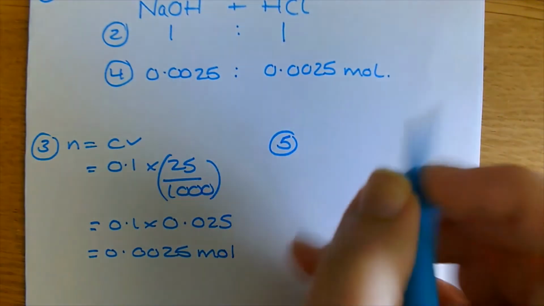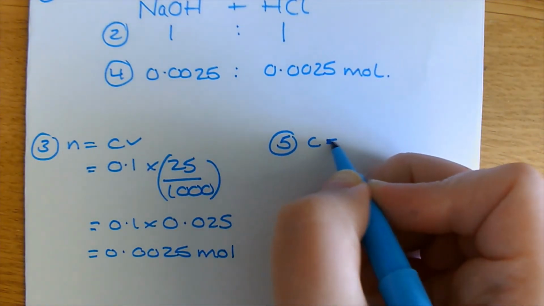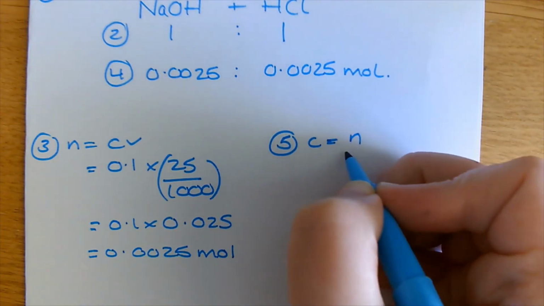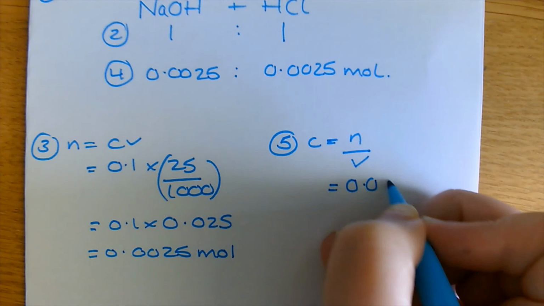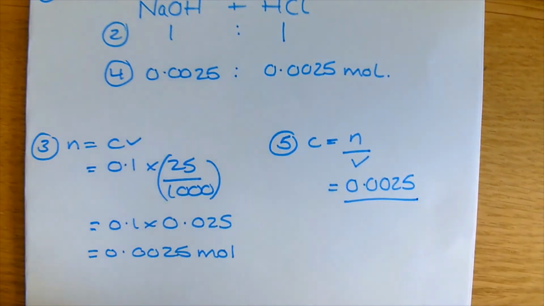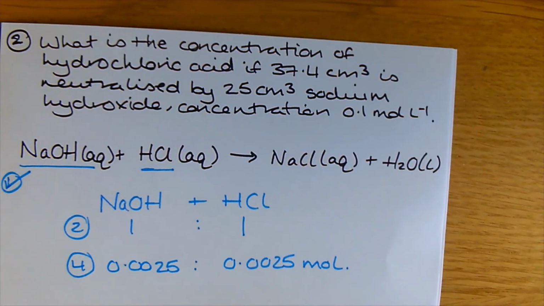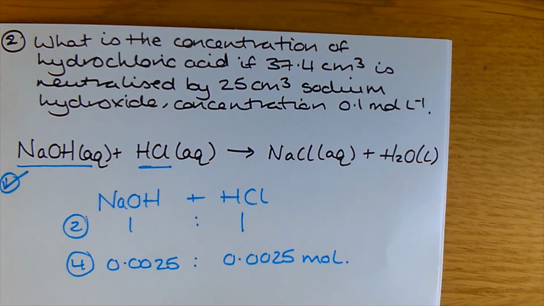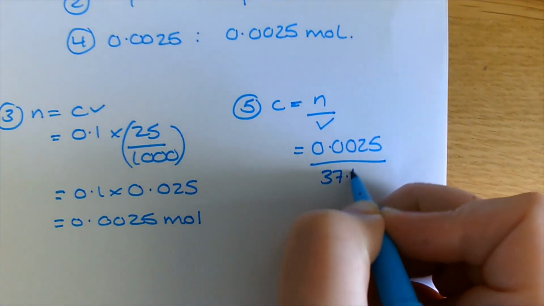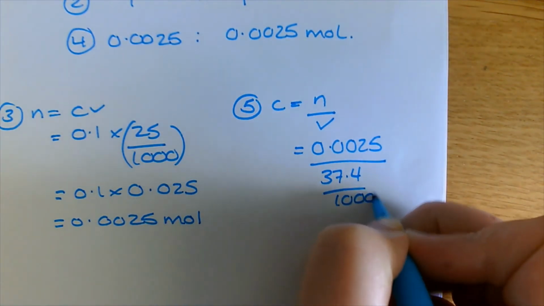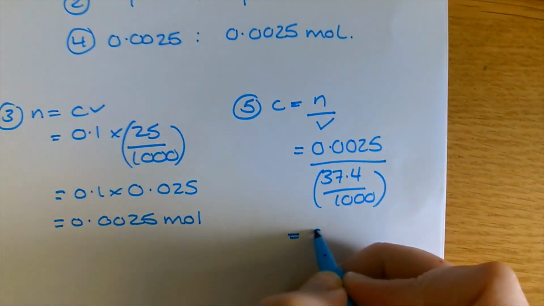For our final step, we're calculating the concentration of hydrochloric acid. Concentration is number of moles divided by volume. We were given a volume of 37.4 centimetres cubed in the question, and we have to divide that by 1000 to get our volume into litres.